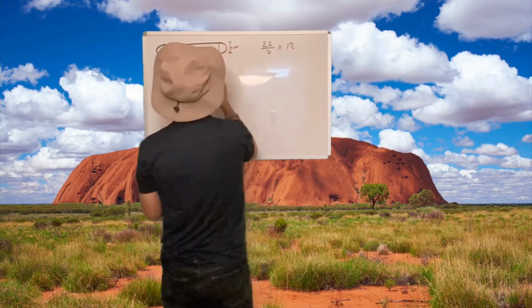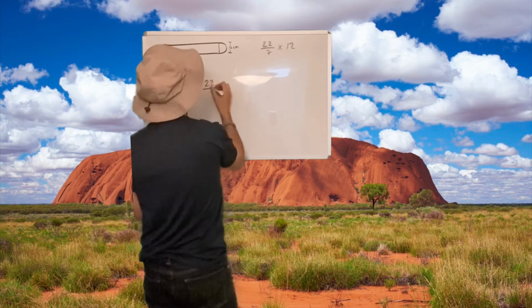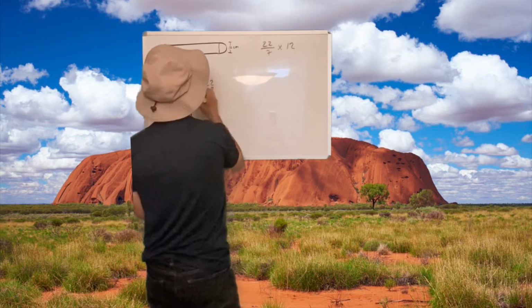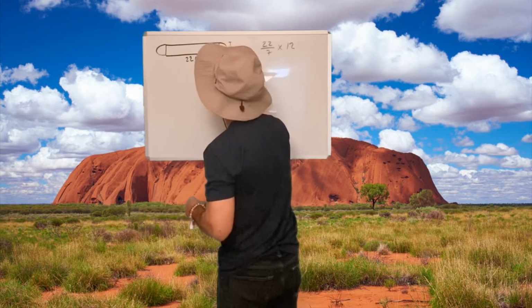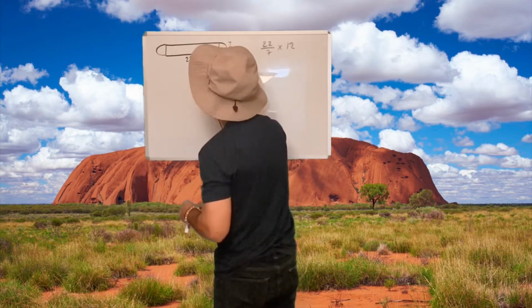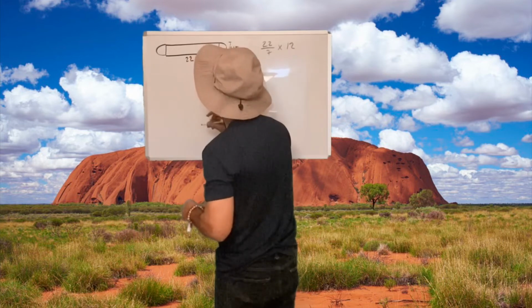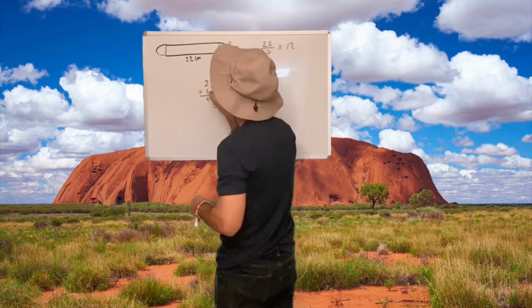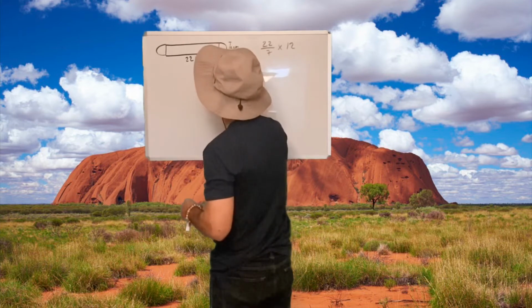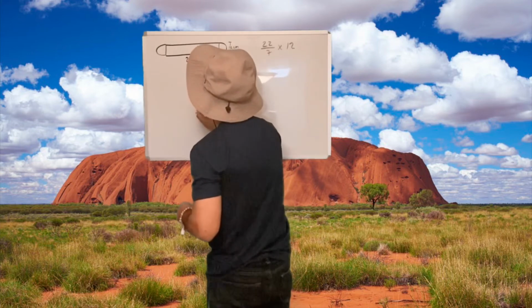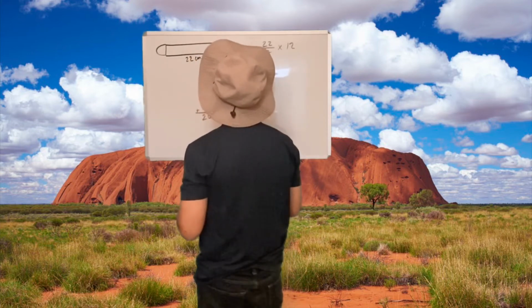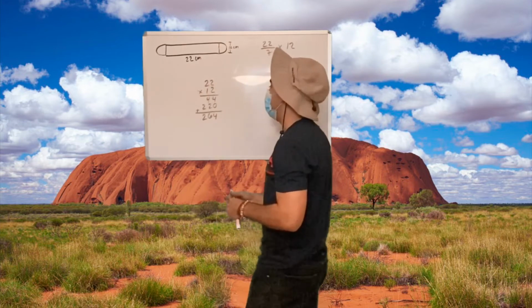Now, I take my 22 and I multiply it by my 12. 2 times 2 is 4. Good job. 2 times 2 again is 4. Don't forget your placeholder for your second partial product. 1 times 2 is 2, and 1 times 2 is 2. You add them together and you get 264. So, our circumference right now is 264.